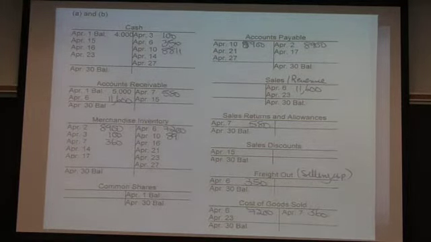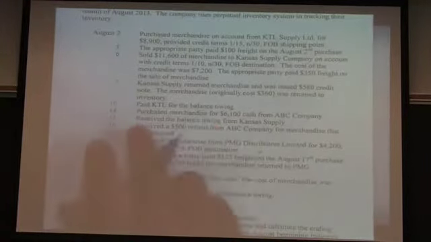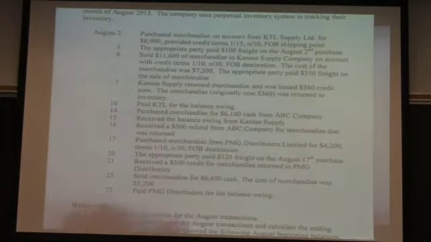Okay, so what's next? August 14th says we purchased merchandise for $6,100 cash. This time it's cash from ABC Company. So this one is we paid cash. So on August the 14th, it's going to be debit inventory $6,100, credit cash.